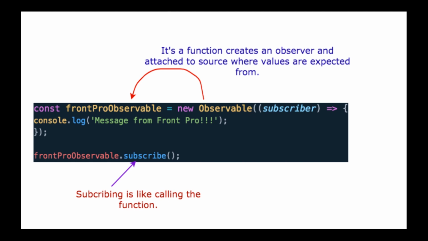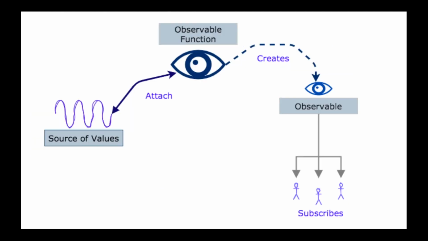Subscription is nothing but like calling the function. So here through this diagram you can understand the observable function actually attaches the observable with the source of values, and then it returns an observable which can be subscribed to.